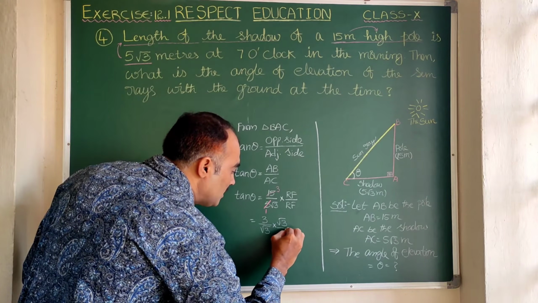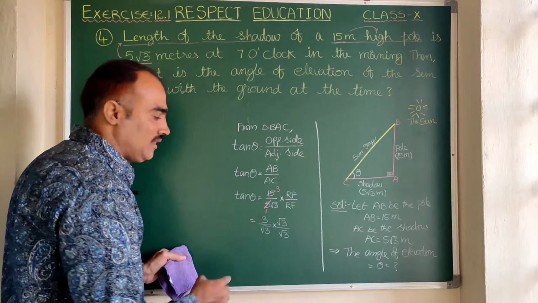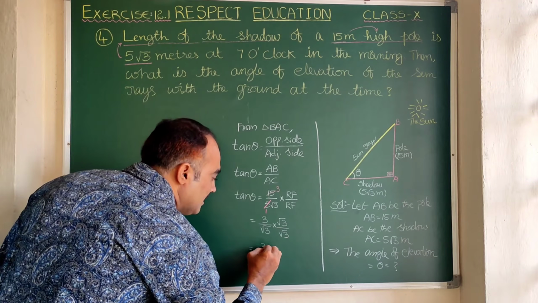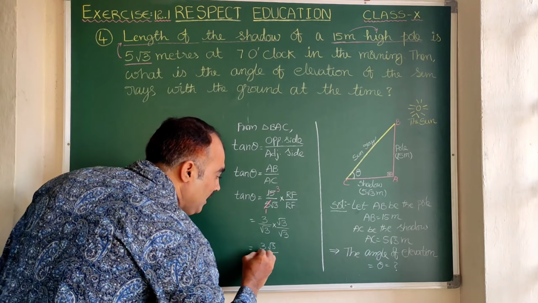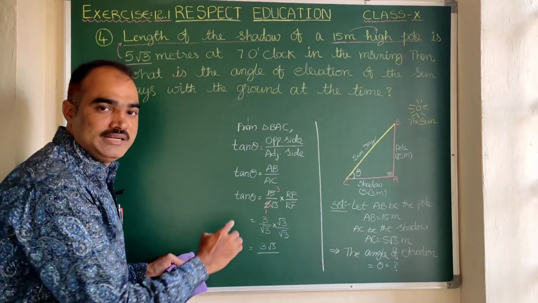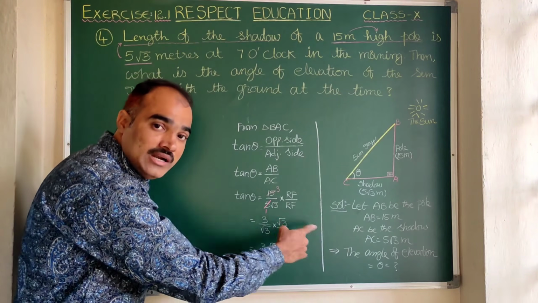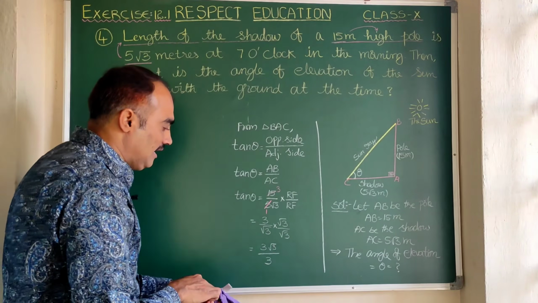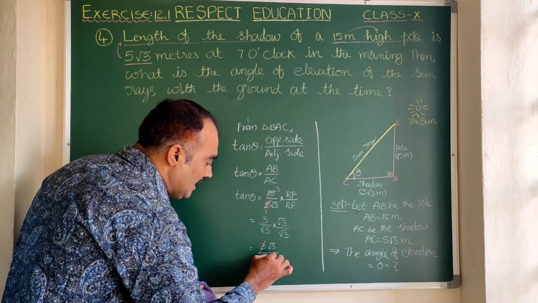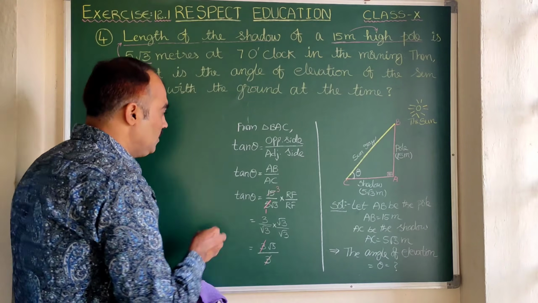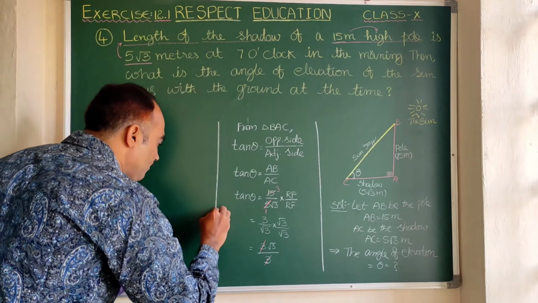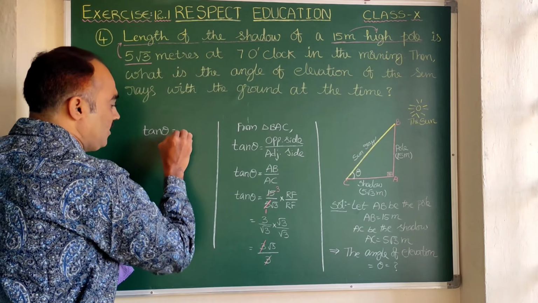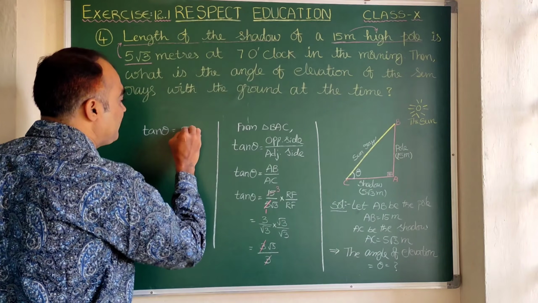So into root 3 by root 3. Now on simplification we get 3 root 3 by root 3 into root 3, which can be written as root 3 whole square. Square and root get cancelled. So this value is 3. Clear? Let us cancel this 3 and 3 also. So finally you observe tan theta is equal to only root 3.